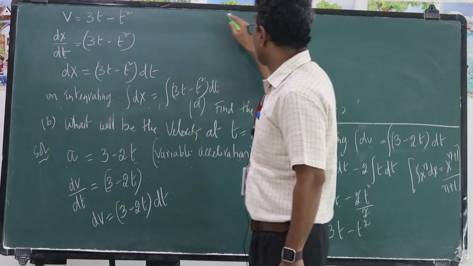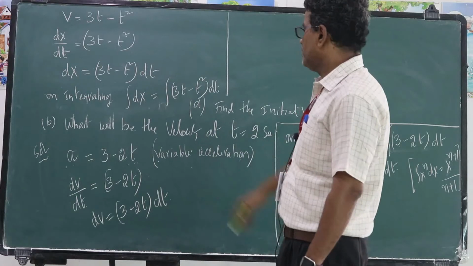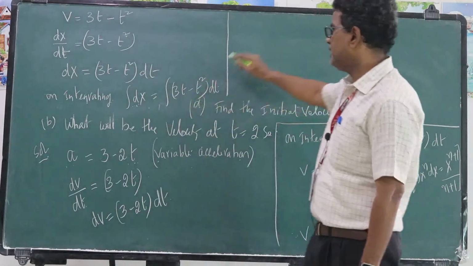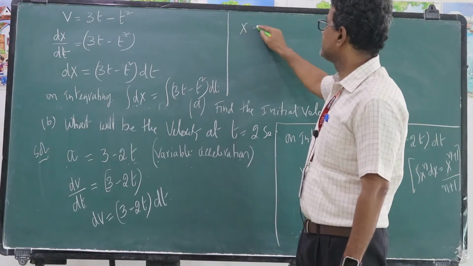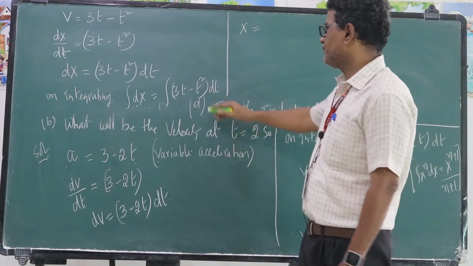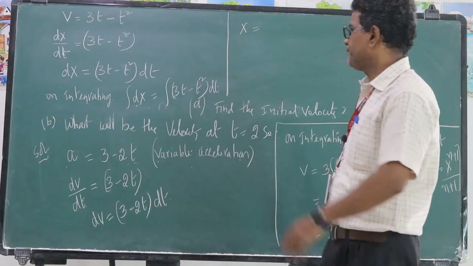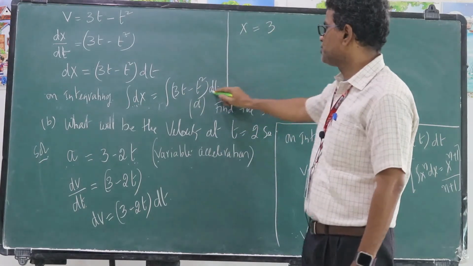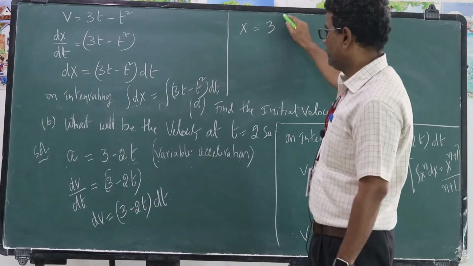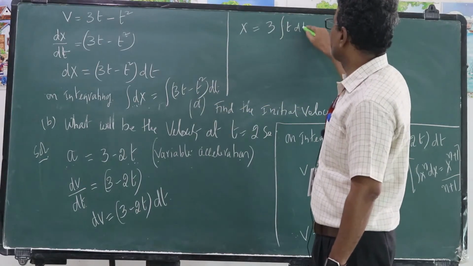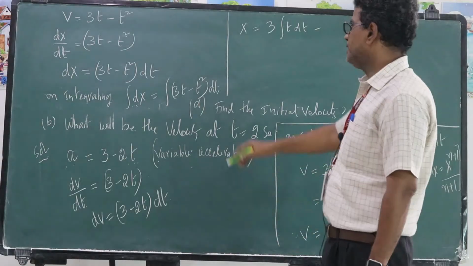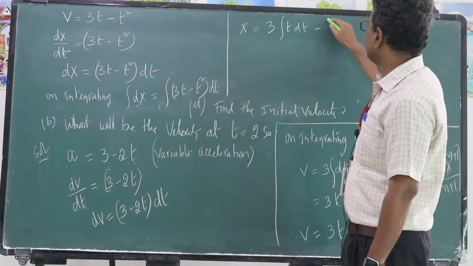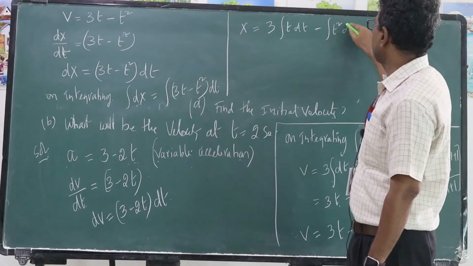Next, integral dx is x, which equals, applying the distributive property, 3 into integral t dt minus integral t square dt.